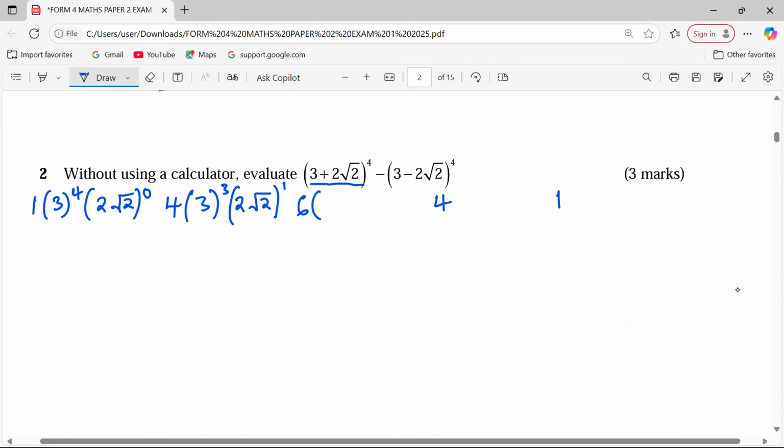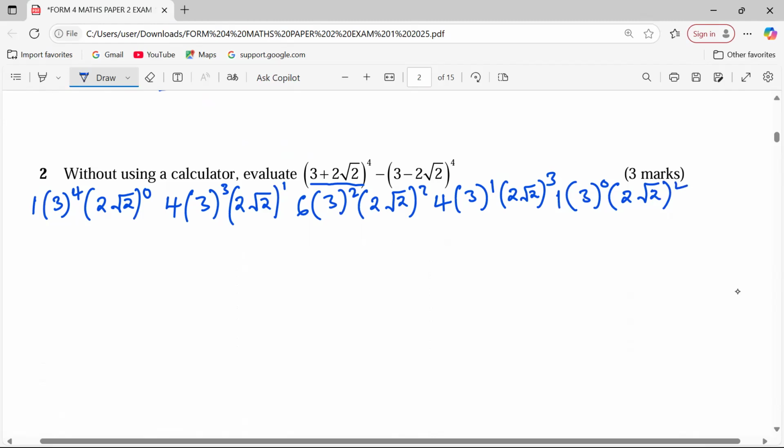In the next term, 3 descends to power 2, but 2 root 2 ascends to power 2, then 3 power 1, then 2 root 2 raised to power 3. And finally, as 3 takes power 0, 2 root 2 shall now be power 4, like that. So that's how we expand binomially.